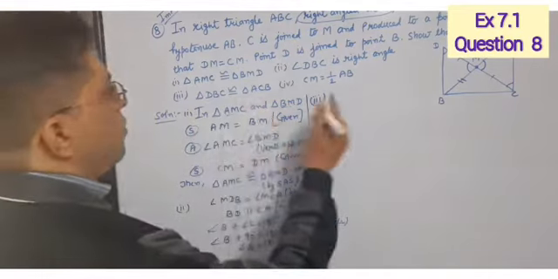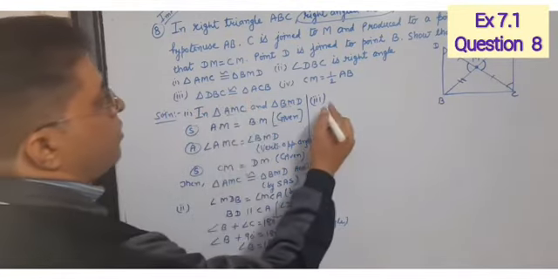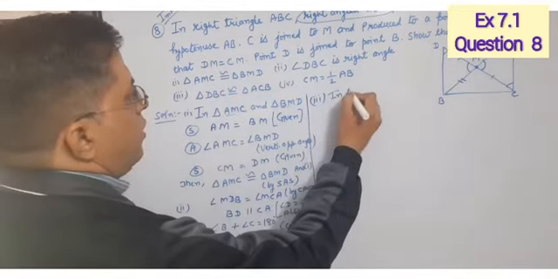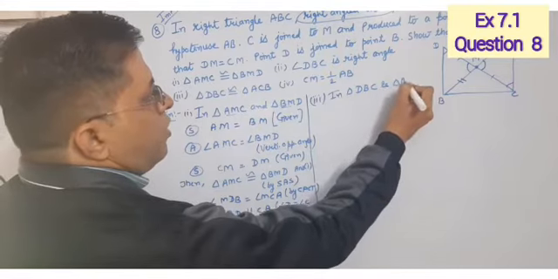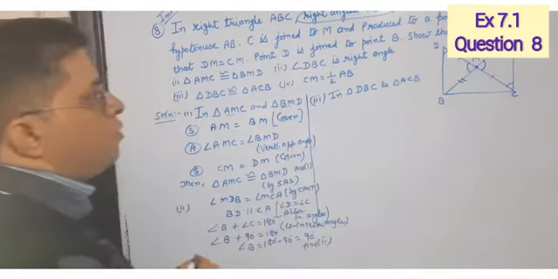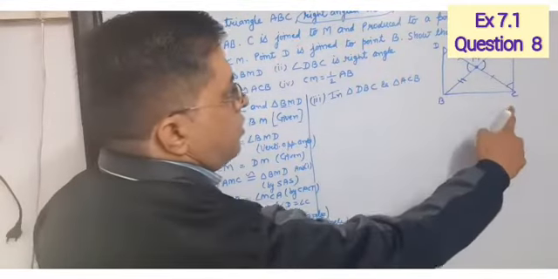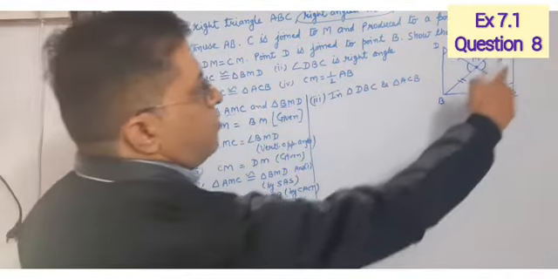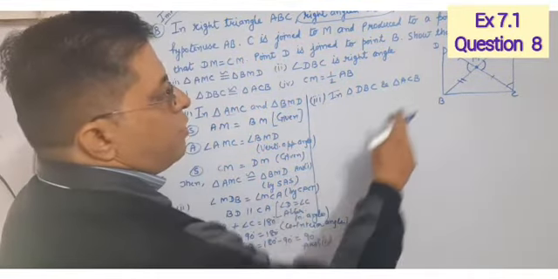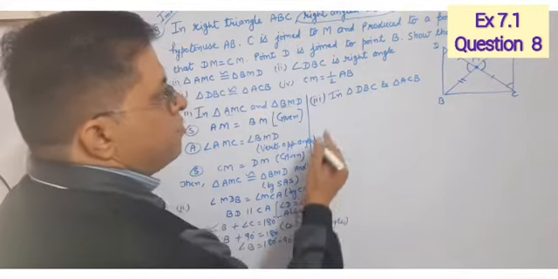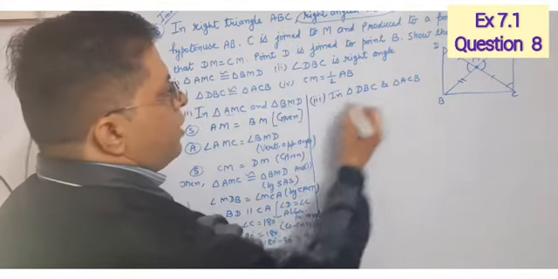You have to show triangle DBC is congruent to triangle ACB. So you have to take triangle DBC and triangle ACB. First thing you can take: DB equal to AC.